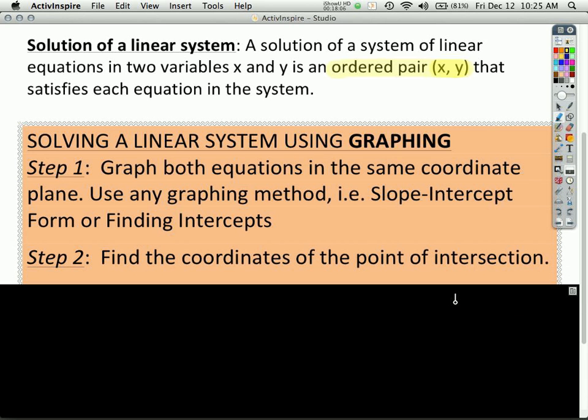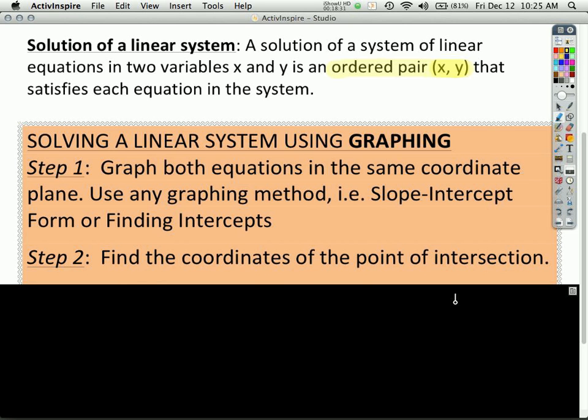Step 2, find the coordinates of the point of intersection. That is a very fancy way of saying find where they cross. And we did that during the warm-up as well. Find where they cross. That is an ordered pair.